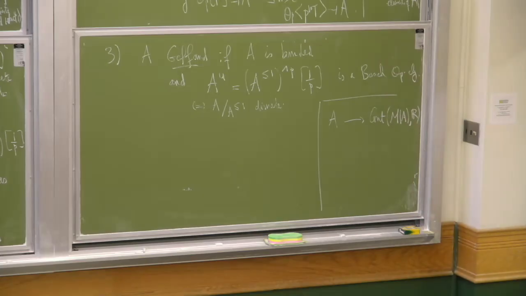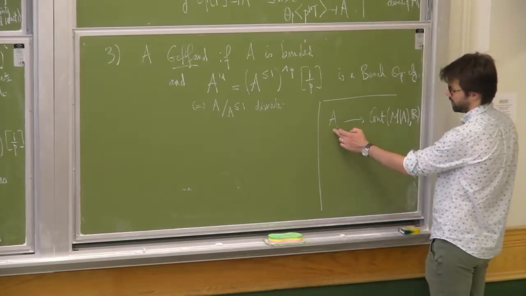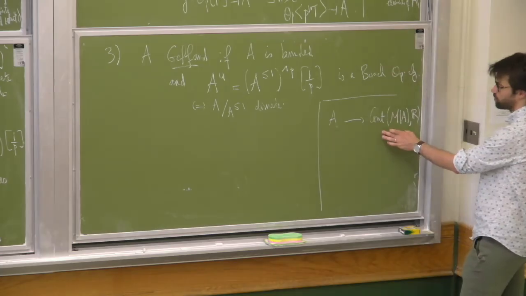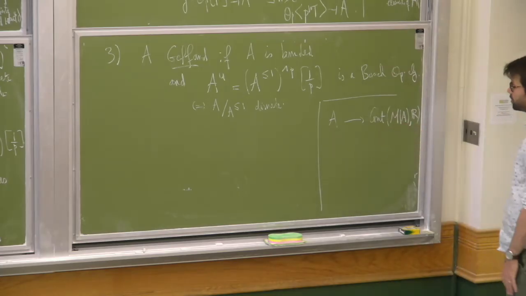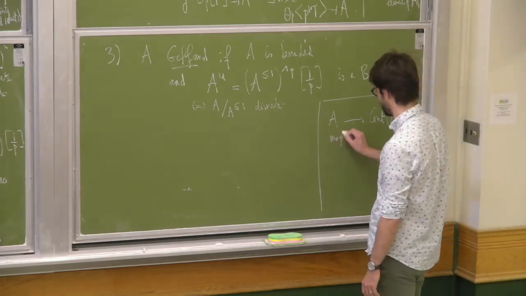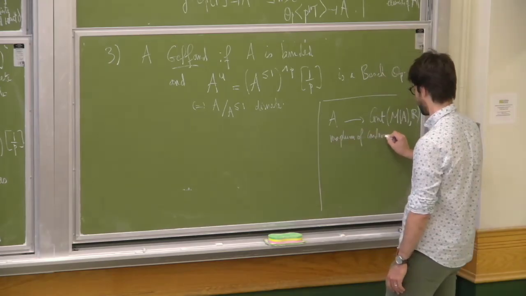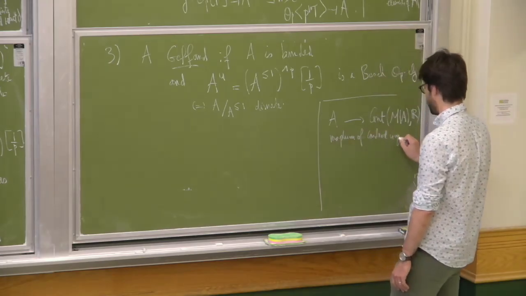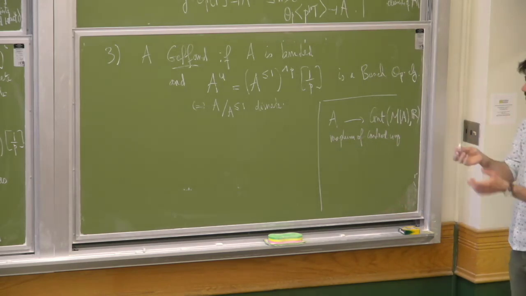You would like some kind of Gelfand transform sending an element of A to a continuous function on the Berkovich spectrum. But to really get this as a morphism of condensed rings, maybe you get a morphism just of rings, but to promote it to a morphism of condensed rings, it seems to require a condition.